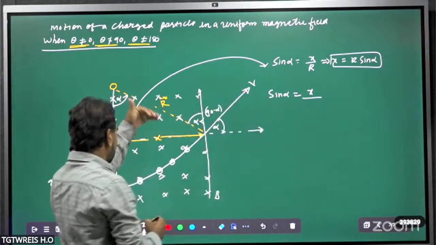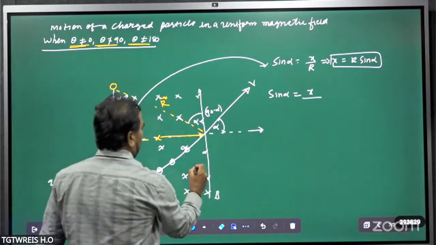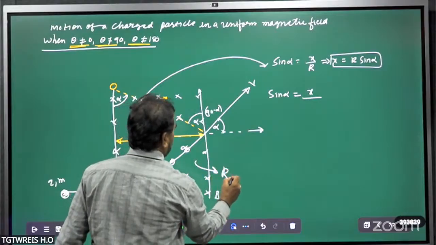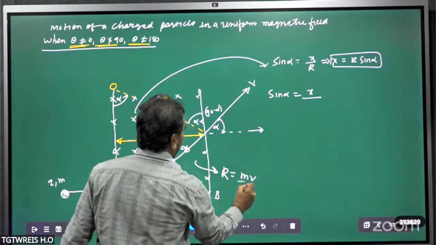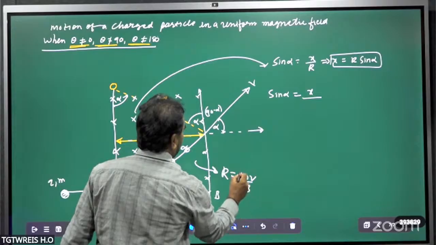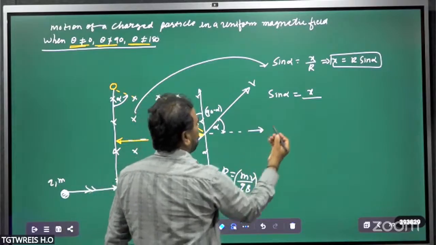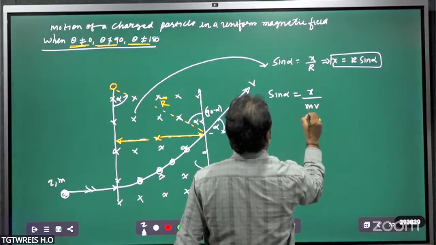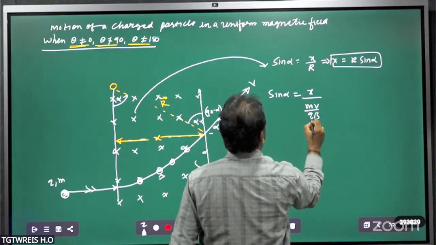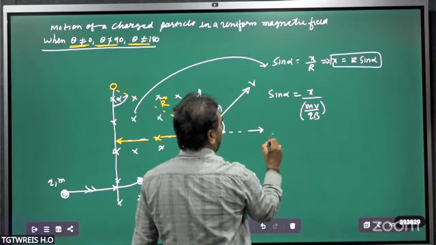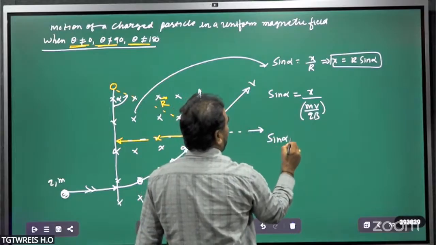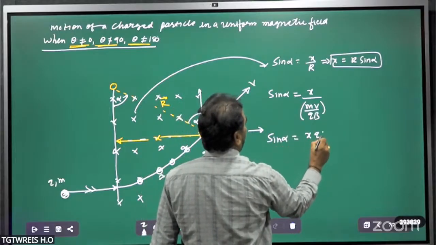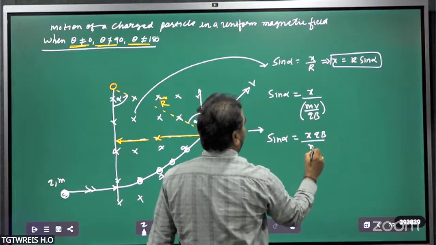When a particle enters into the magnetic field, the radius of the path is given by r is equal to mv upon qB, already known. Substitute this value instead of r: mv upon qB. Therefore, sin alpha is equal to x qB upon mv.